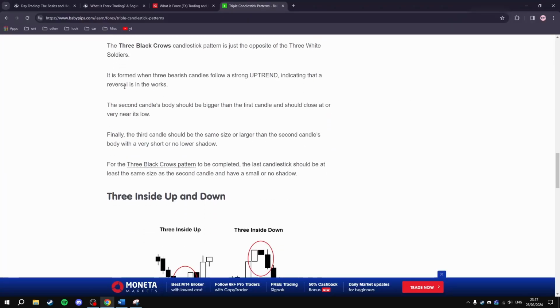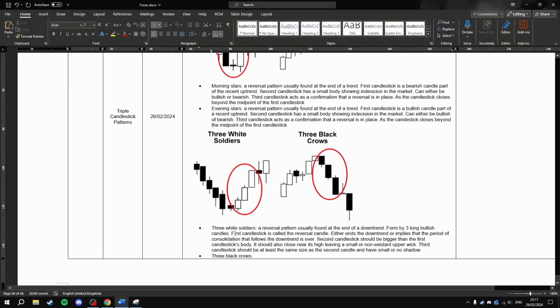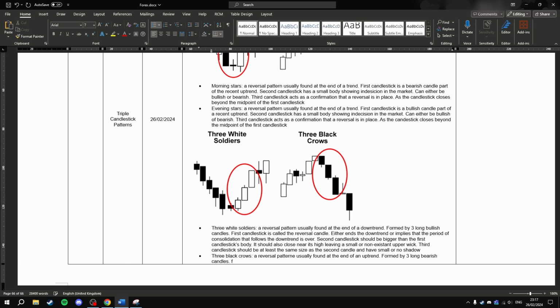The three black crows candlestick pattern is just the opposite of the three white soldiers. A reversal pattern usually found at the end of an uptrend, formed by three long bearish candles.